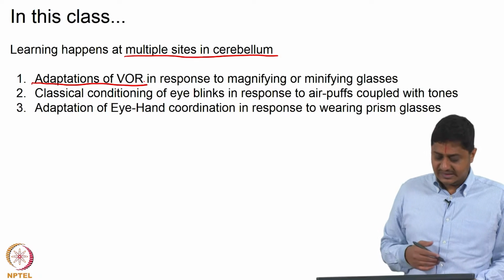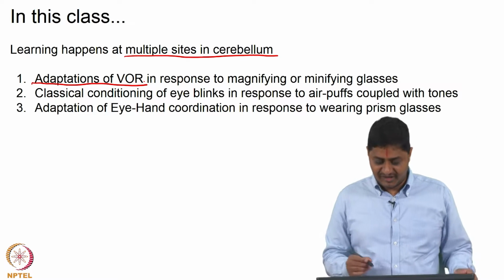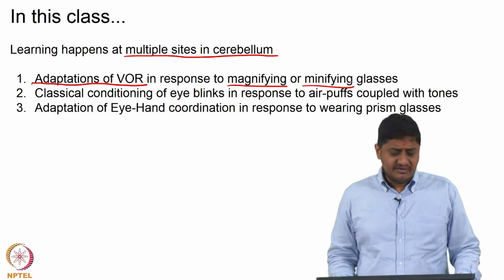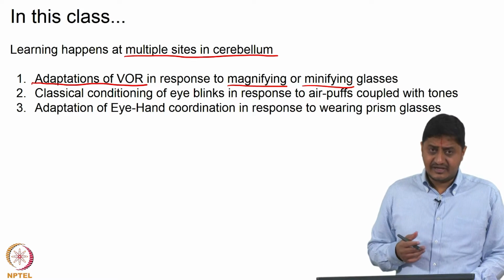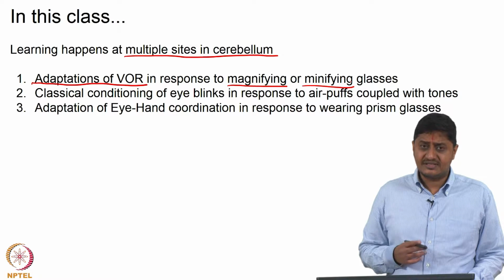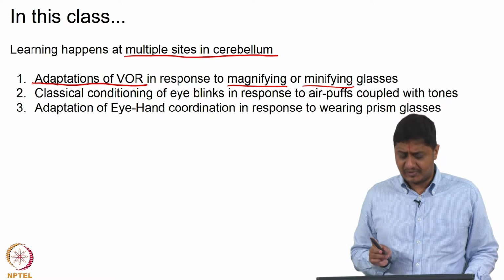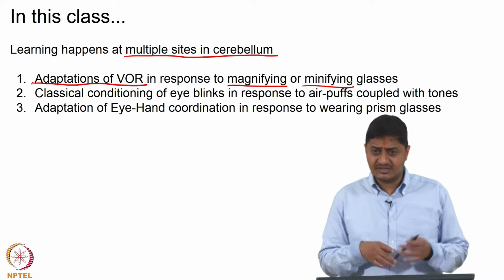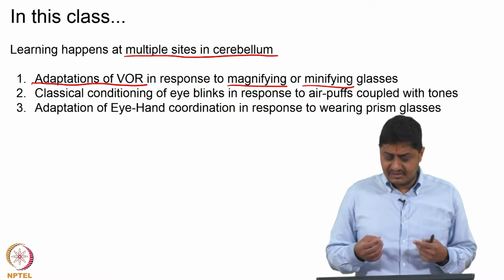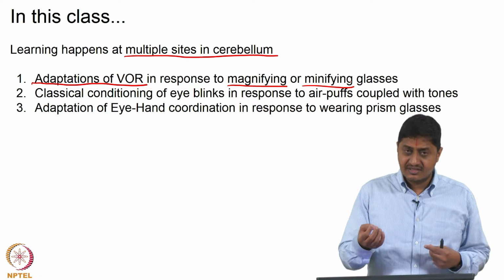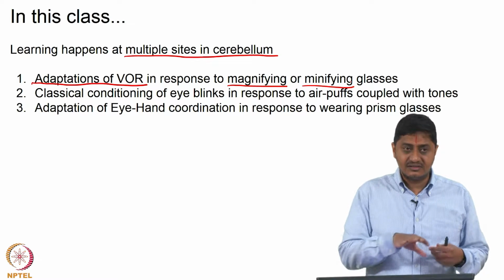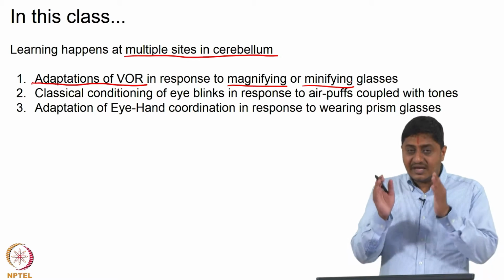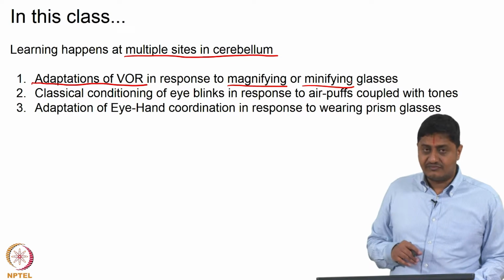It turns out that if a person is wearing magnifying or minifying glasses, right, initially there is improper vestibulo-ocular reflex in the initial stages. These are glasses that either magnify the visual scene or make it smaller, minify the visual scene, right.